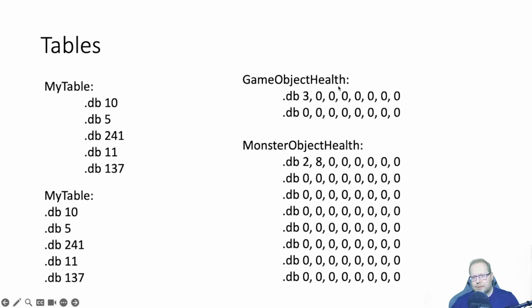Write a label and then a new line, and write db and then a number, comma, and then a new number, comma, and then a new number. Write it like that. And we can even do the same thing again. Write db, number, comma, number, comma. So there are different ways to set these up. Again, it doesn't really matter.